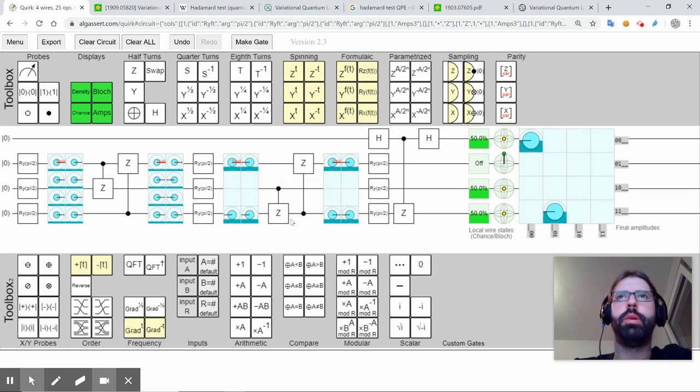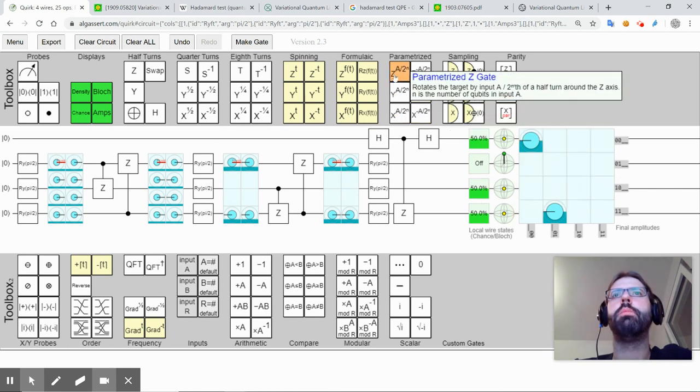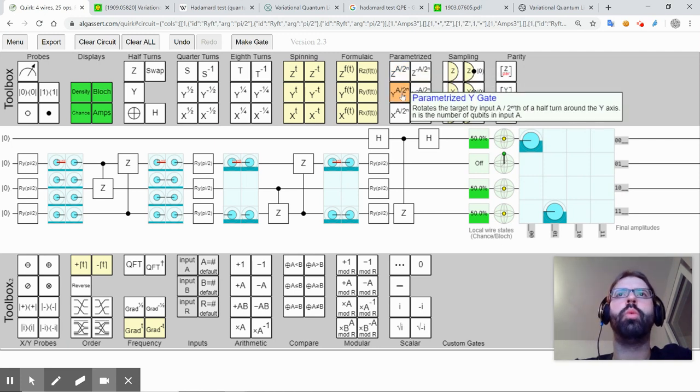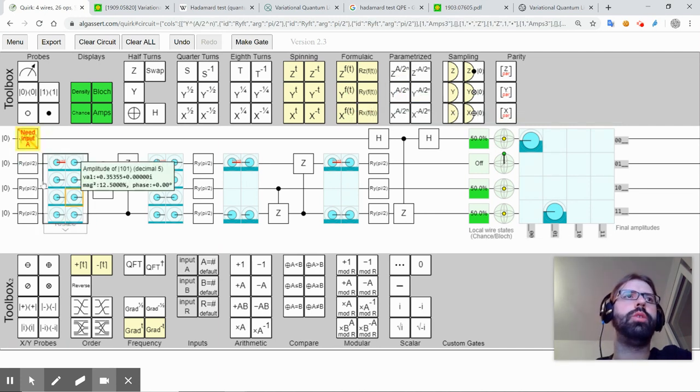Isn't there a way that I can parameterize that rotation anyhow else in Quirk? Maybe I can do those rotates targeted by input. Because maybe if I use these, I think I could use that.